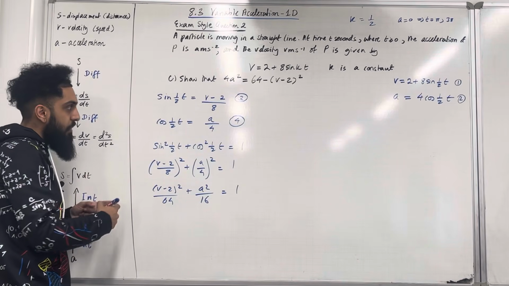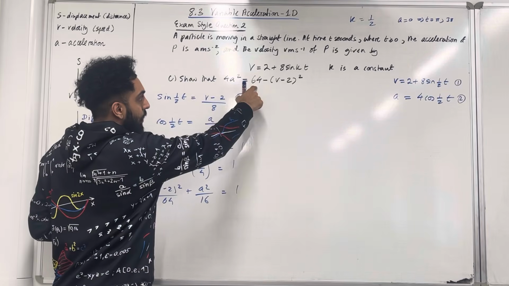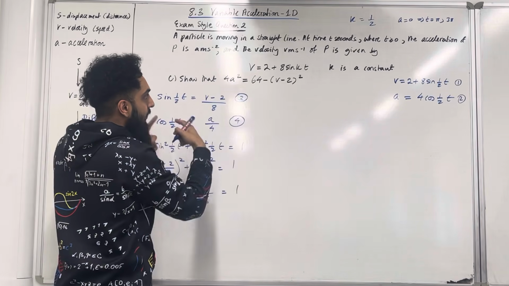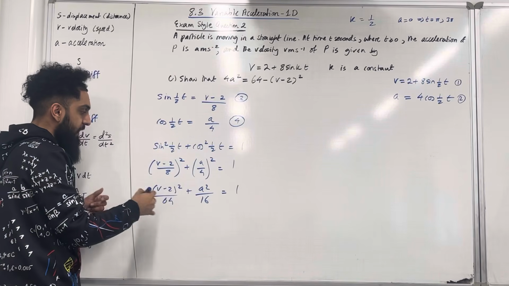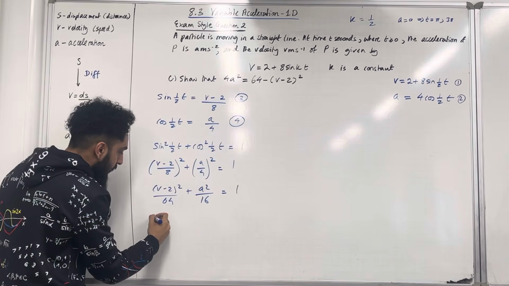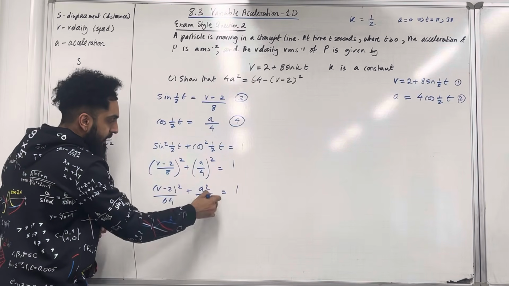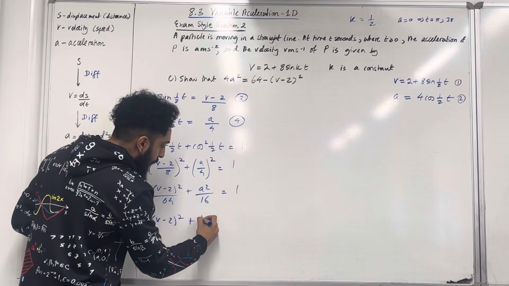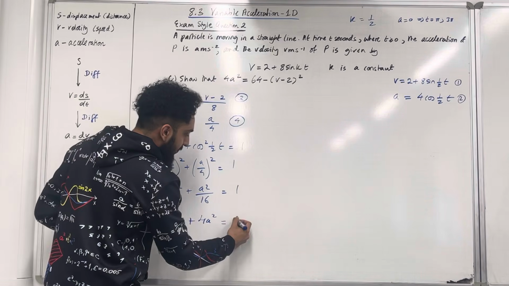Right, so now we're going to multiply the whole equation by 64 because we want a 64 within the equation linking a and v. So if we multiply the whole equation by 64, this term reduces to v minus 2 in brackets squared plus this term over here reduces to 4a squared equal to 1 times 64 is just 64.